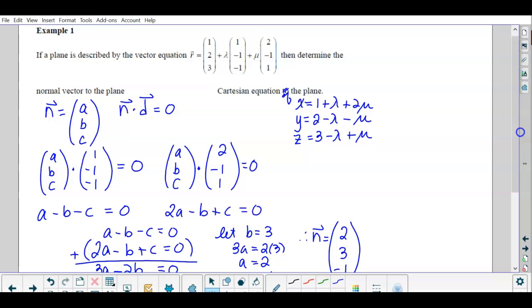Okay, so then I would like to get rid of at least one of the parameters. So maybe solve 2 equations separately. In this set here, if I were to add these, then I can get rid of lambda, right? So I would get x plus y equals 3 plus mu.